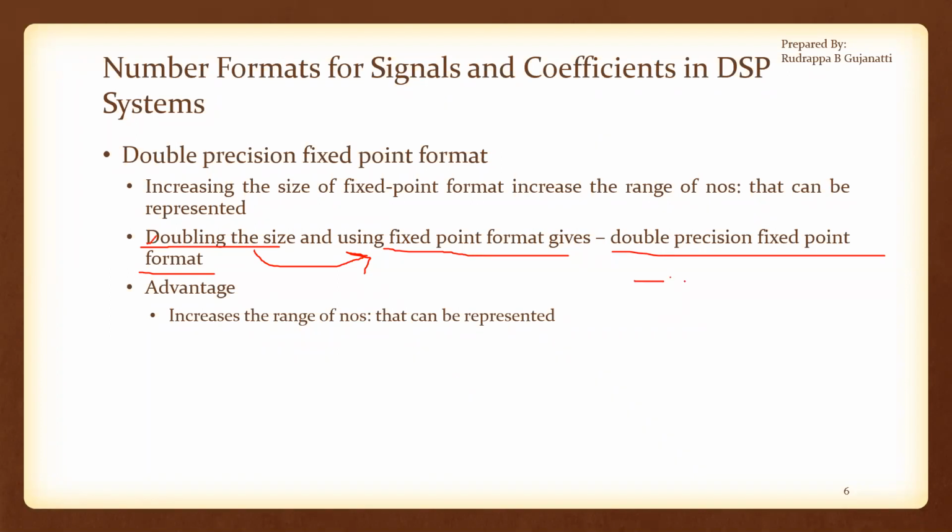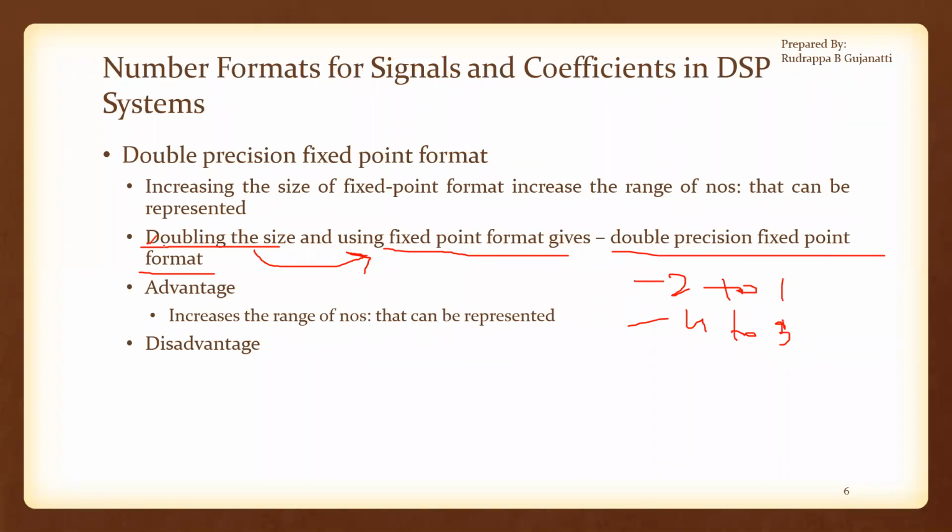In the previous case it was minus 2 to 1, but in the other case, just by increasing 1 bit, it is going from minus 4 to 3. The same thing holds true even for the fractional representations. Now, what is the disadvantage of this case?